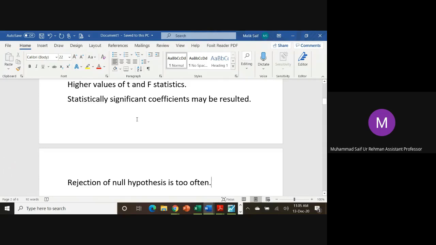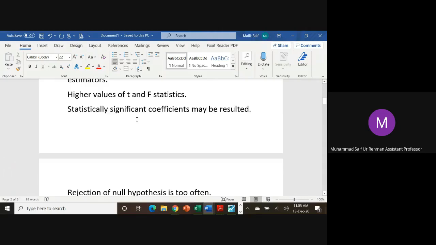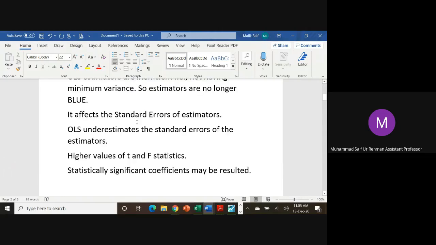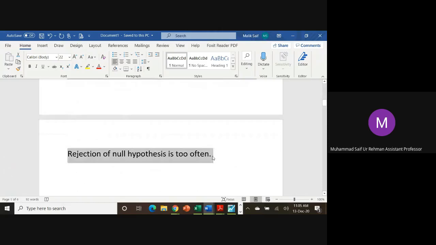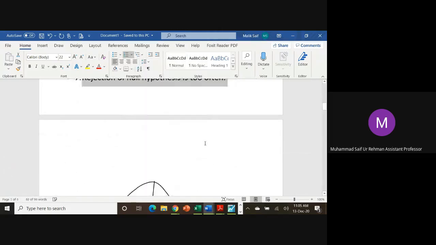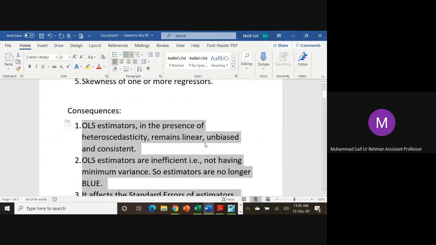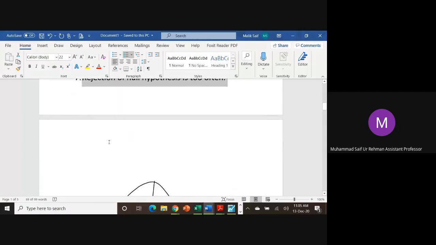So heteroscedasticity may misguide you in this way. Okay, so these are the consequences. Now, how can you detect heteroscedasticity in the model?